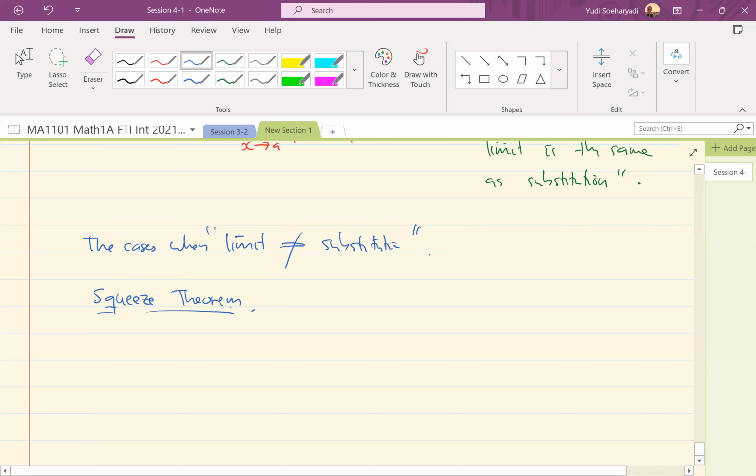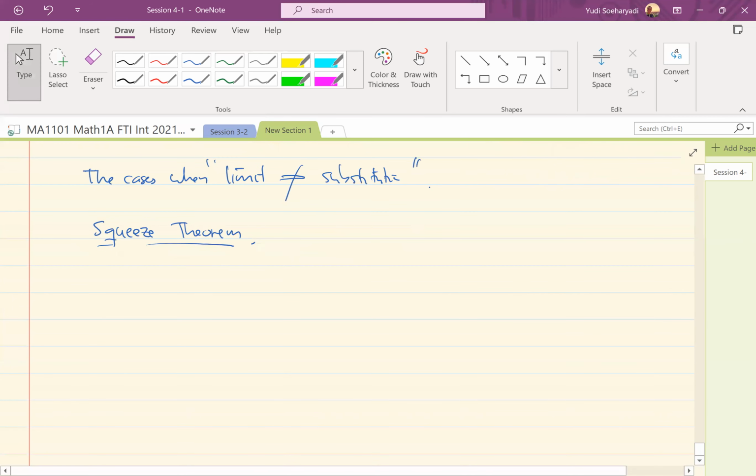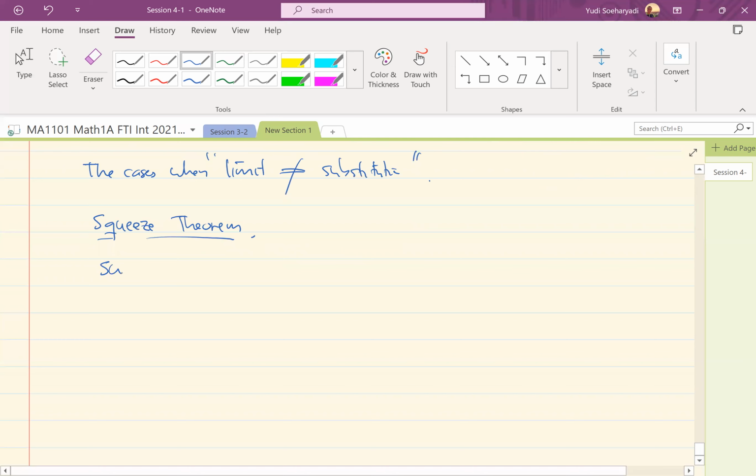Okay, so the squeeze theorem basically says that suppose you have g squeezed by f and h for x in some open interval containing the point a.